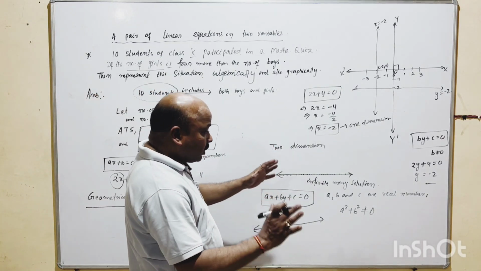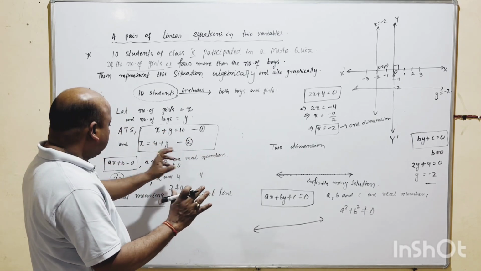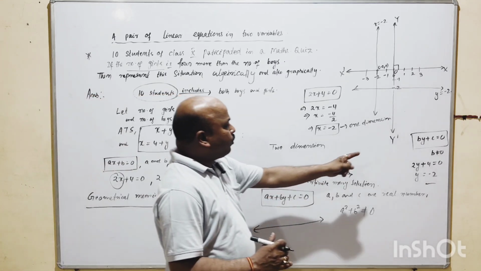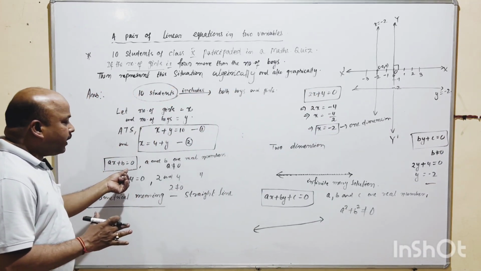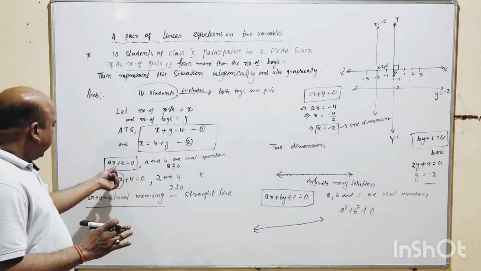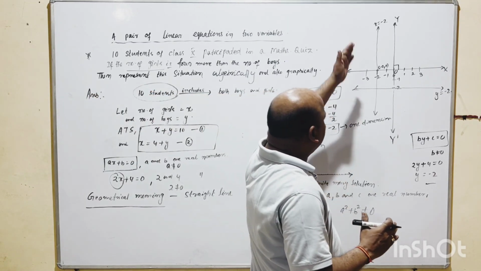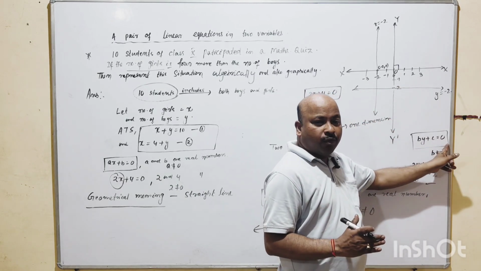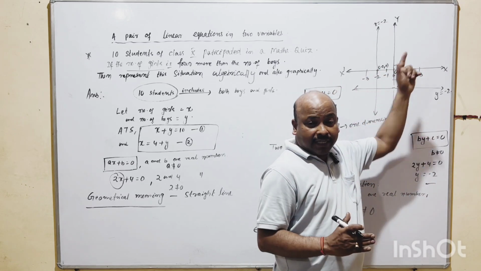But just remember that ax plus b equal to 0 or by plus c equal to 0 are both standard forms of a linear equation in one variable. ax plus b equal to 0 is a straight line parallel to the y-axis, and by plus c equal to 0 is a straight line parallel to the x-axis.